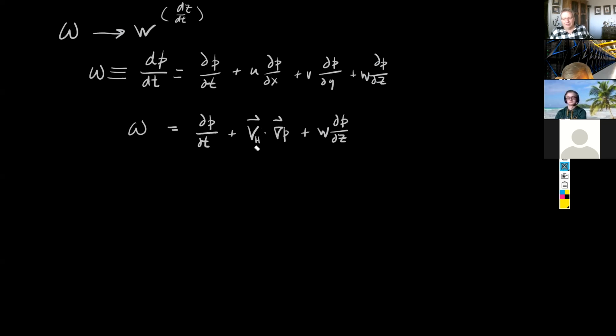What's this? The dot product of the velocity with respect to height and pressure. No. What does this H mean? The change in velocity.